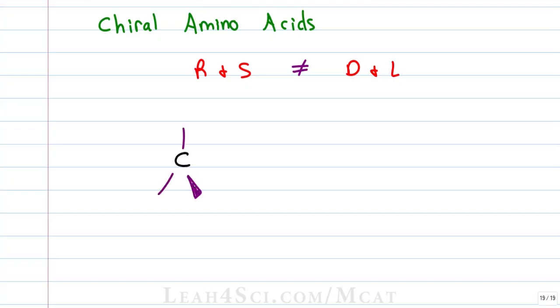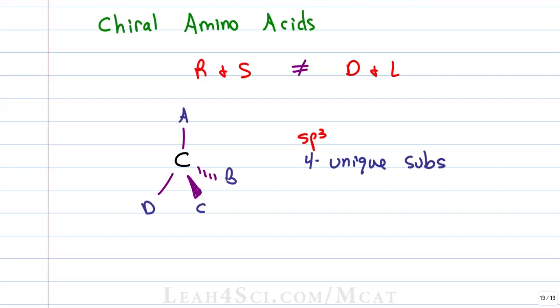In the chirality video series linked below, we talked about how a chiral carbon would have to be sp3 hybridized. That means it's tetrahedral and has a bond angle of 109.5 and attached to 4 unique substituents.